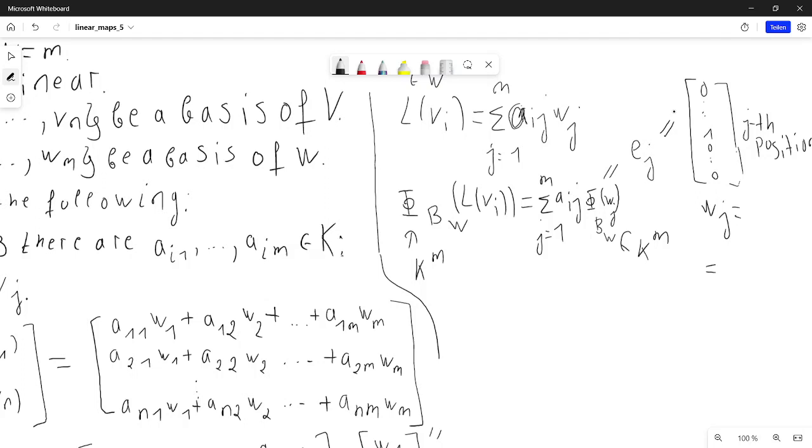And this is just the sum of w_1 multiplied by 0 plus 0 multiplied by w_2 plus 1 multiplied by w_j plus 0 multiplied by w_m. So that's exactly that.